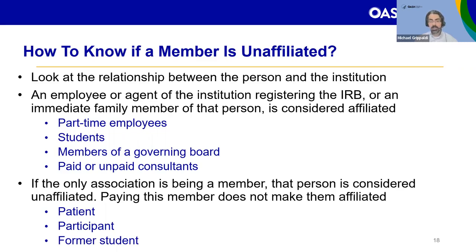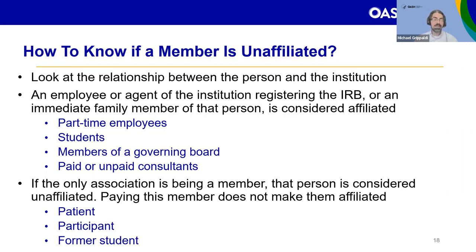Now, paying an unaffiliated member for their services on the IRB does not make them affiliated, and it does not cause a conflict of interest. So this is a small nuance here, right? If you're an employee and you're paid as an employee, you're affiliated. But if you're paid for your role as a member on the IRB, you're not affiliated.